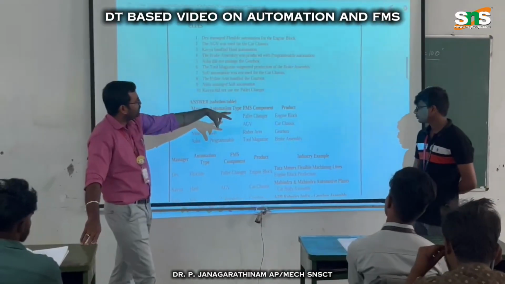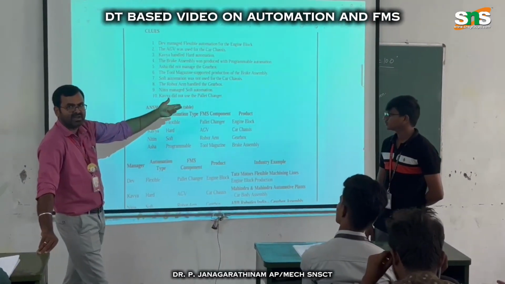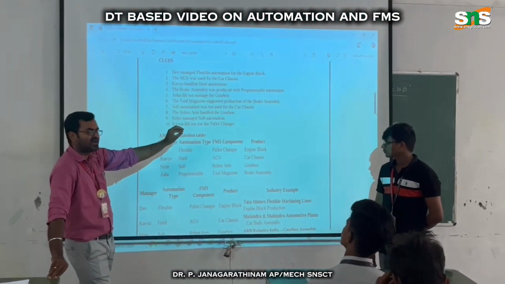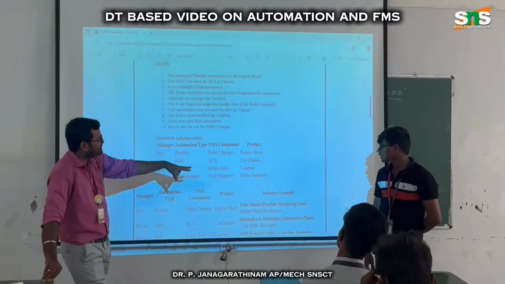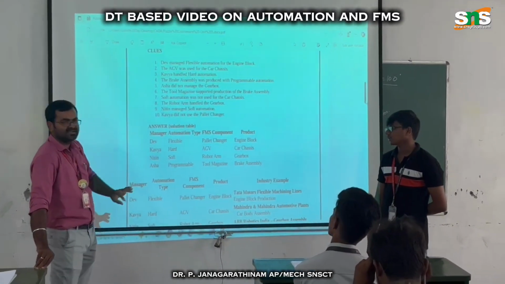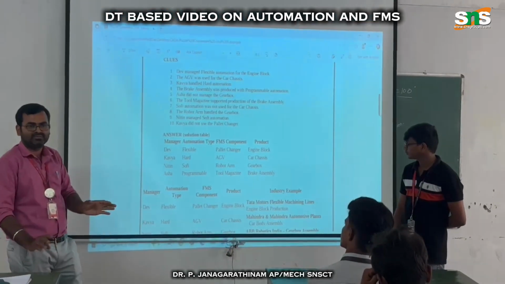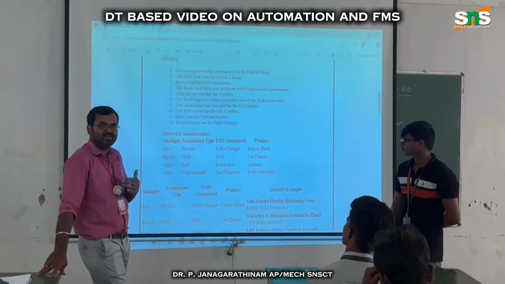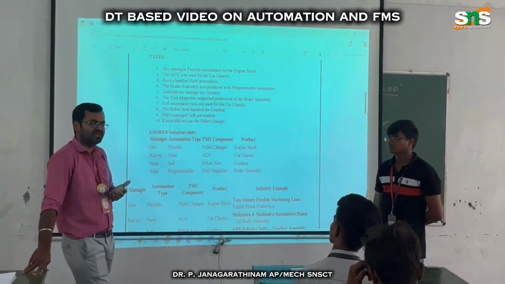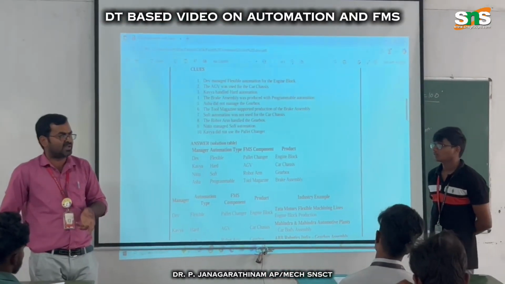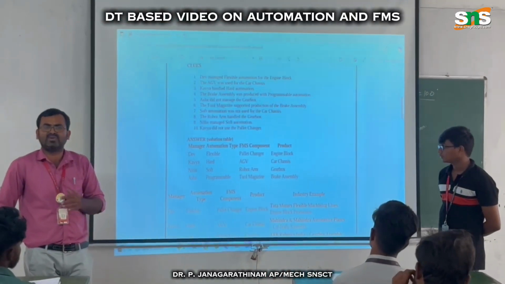After that, the particular managers are manufacturing components like engine block, car chassis, gearbox, and brake assembly. So from that clue itself, we have to find out what kind of automation we have to refer based on their necessity and specifications. We have to select any kind of automation as well as any kind of FMS component.